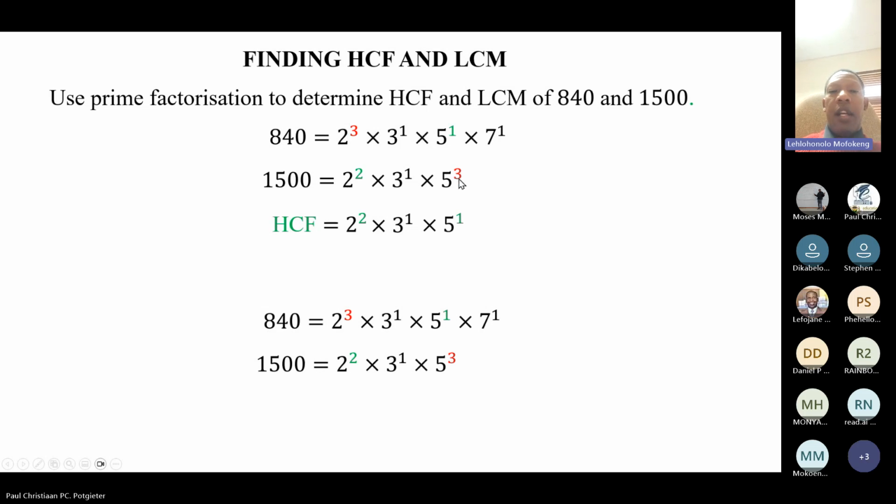And lastly, we will take 5 with the lowest exponent, and the lowest exponent between 3 and 1 will be exponent 1. So our highest common factor will be 2 to the exponent of 2 multiplied by 3 to the exponent of 1 multiplied by 5 to the exponent of 1. If you multiply them, you will realize that the highest common factor of the 2 numbers is 16.